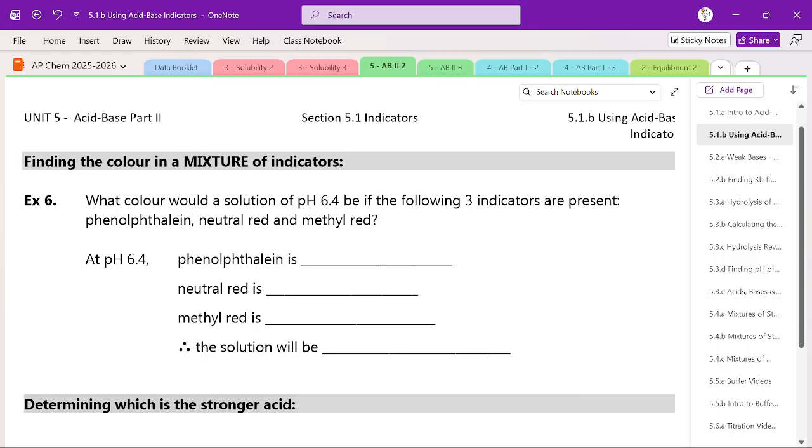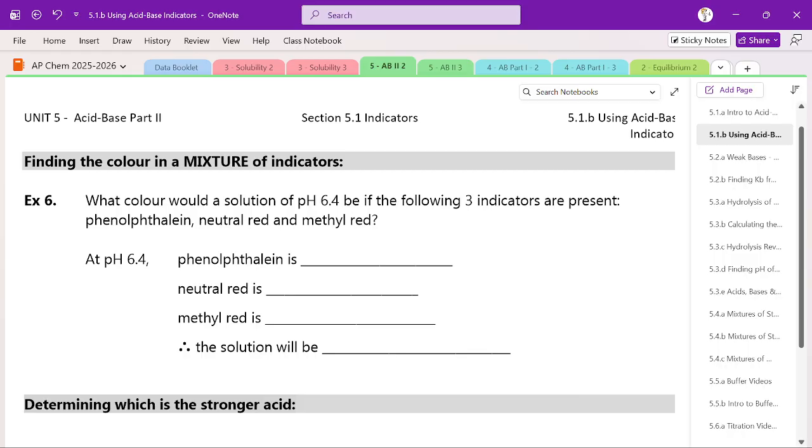So you can have something that is red at pH 1 to 2, orange at pH 3 to 4, yellow at pH 5 to 6, green at pH 7, a sort of teal color at pH 8 to 9, then blue at 10 to 11, and purple at 12 to 14.